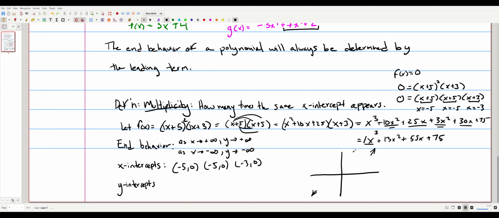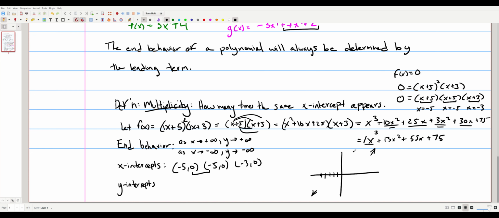And so this multiplicity definition that we had here, you'll notice that we have the same x-intercept twice. If you have the same x-intercept an even number of times, that means when we plot our point, our picture is not going to cut through the x-axis.